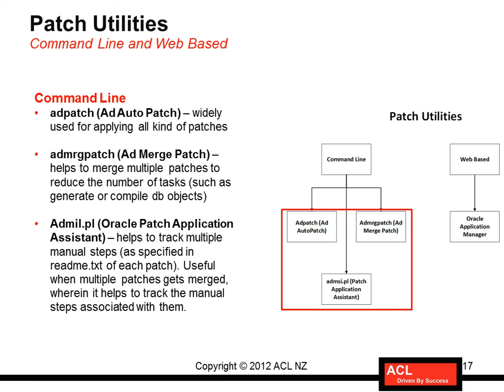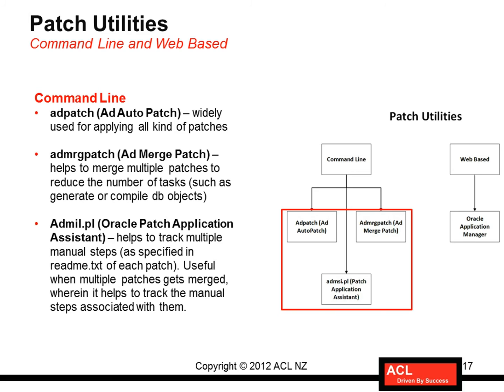So say for instance, if you've got 5 patches, then in order to apply all those 5 patches, you have to open the readme.txt for each of them and read through the steps and apply them one by one. But this Oracle Patch Application Assistant helps you to combine those readme manual steps into a consolidated form wherein you can track them, and you can refer to those tracked steps later.